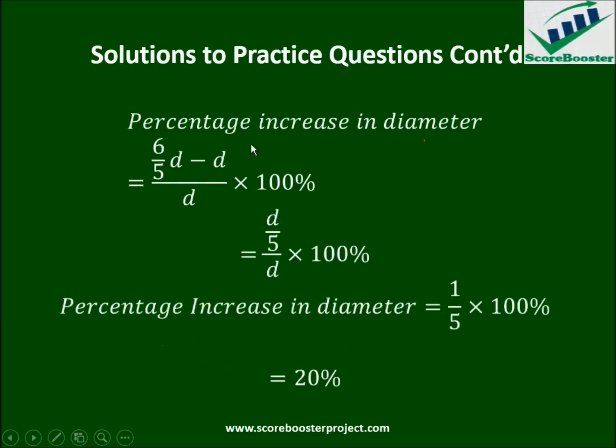So the percentage increase is the new diameter, 6 over 5d, minus the old diameter, d, divided by the old diameter, d, times 100%. So 6 over 5d minus d is simply d over 5, divided by d, times 100%. When the d cancels out, we have 1 over 5 times 100%, which equals 20%.